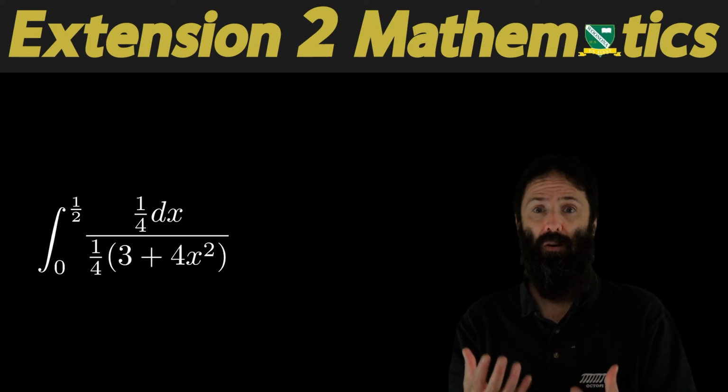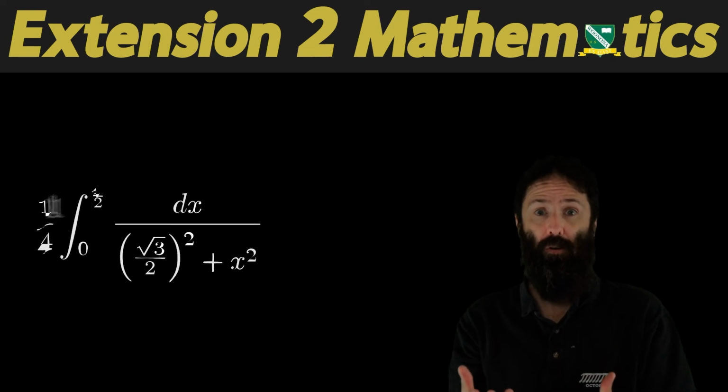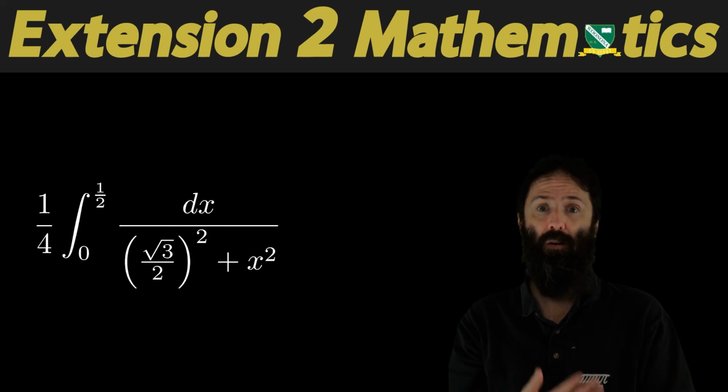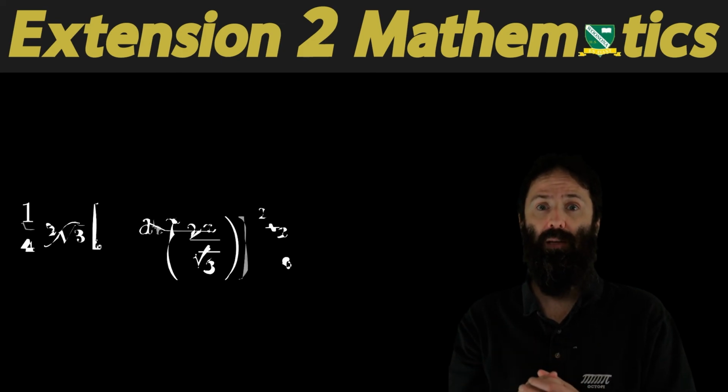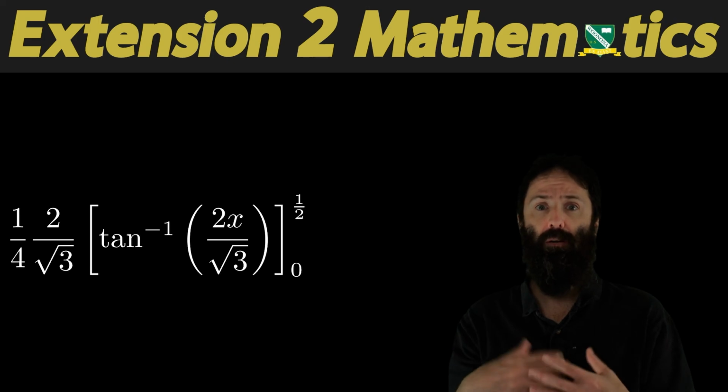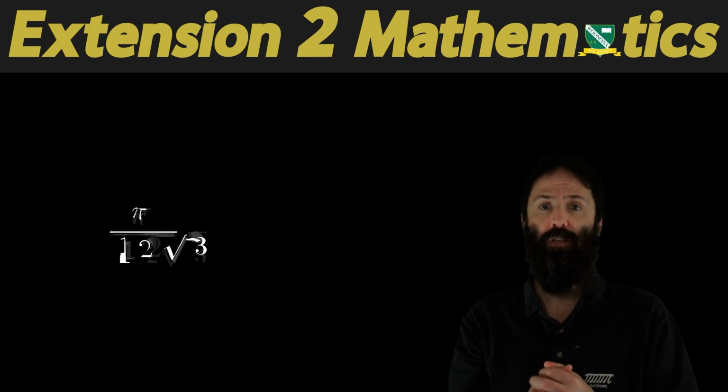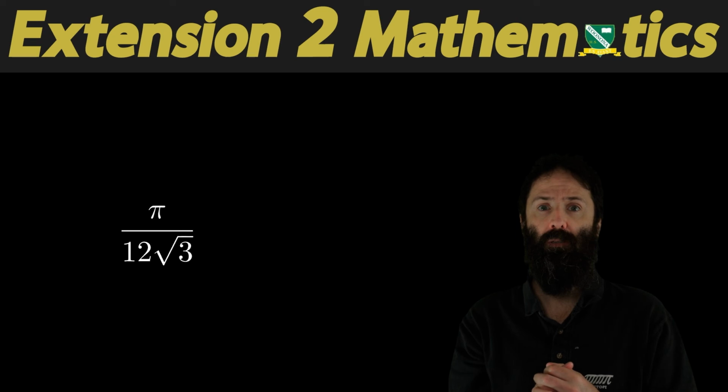And since on the numerator now I've just got a constant, a quarter, I can pull that out the front of the integral, and that denominator simplifies into the right form, a squared plus x squared. And therefore we can just read off the solution from the reference sheet because it's now a standard integral.